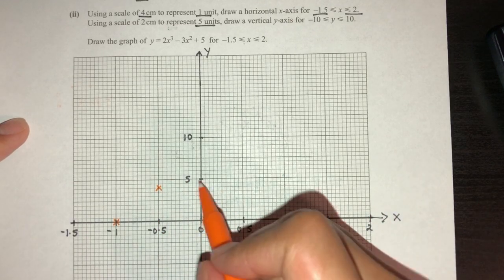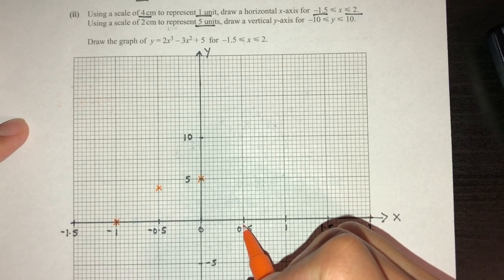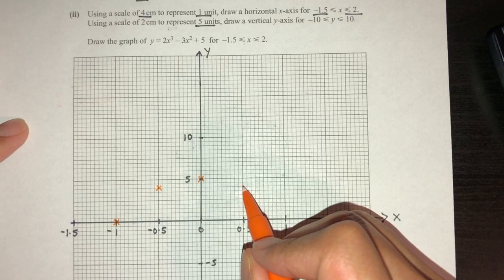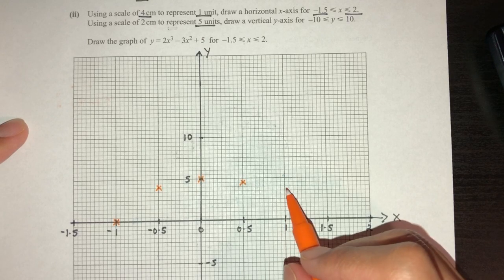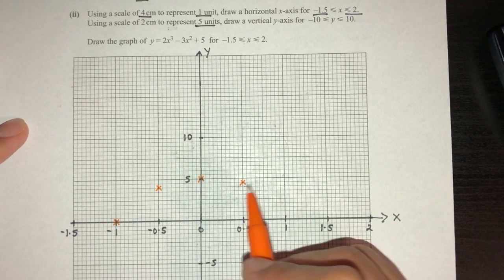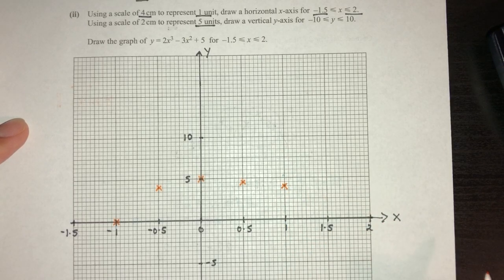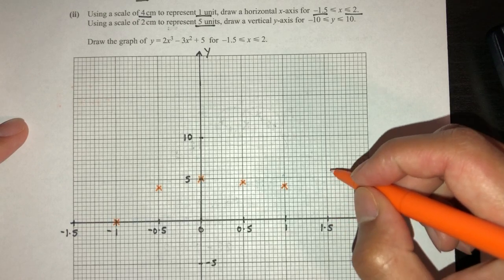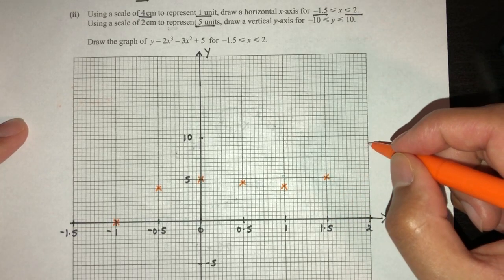And we have 0.5 right here. 0.5, 4.5 will be right here. And 1, 4 will be right here. And then 1.5, 5 is here. And then 2, 9 will be this one.